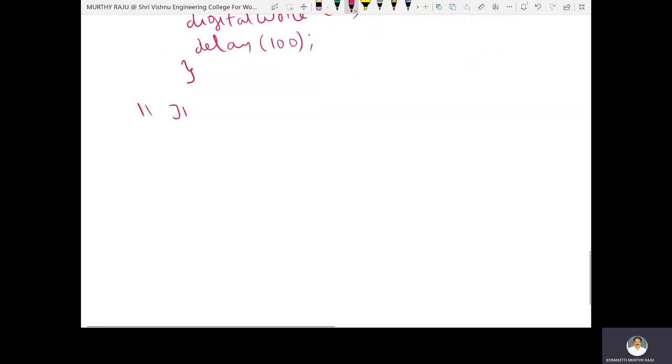Next, the fourth LED is blinking 4 times.